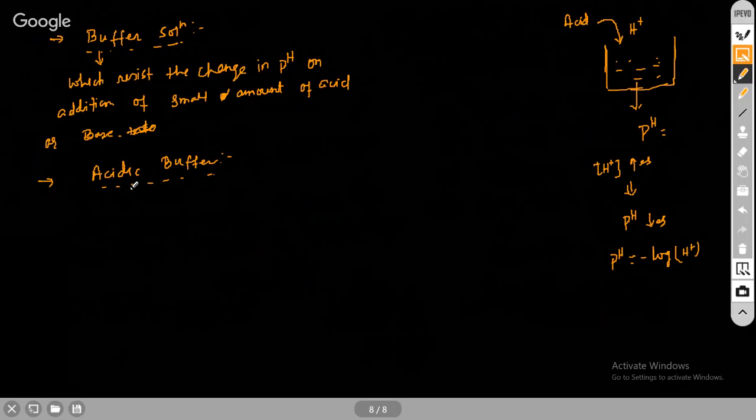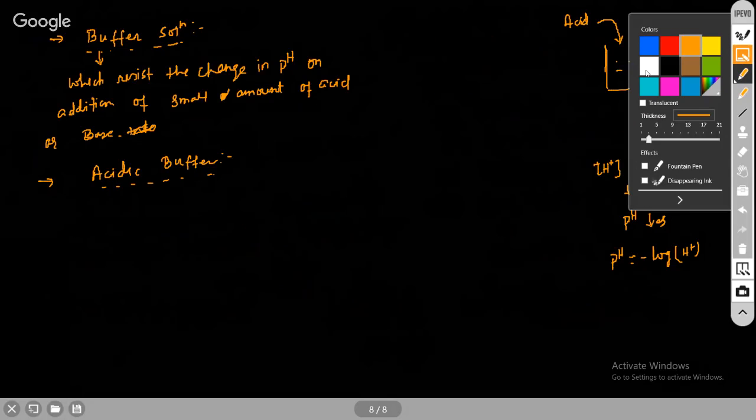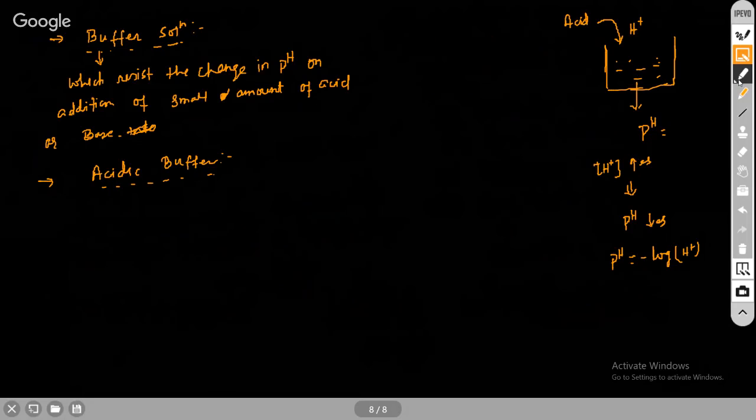Acidic buffer: first of all, you should know how this acidic buffer forms. One thing that you have to keep in mind, acidic buffer forms by the combination of a solution of weak acid plus its salt with a strong base.